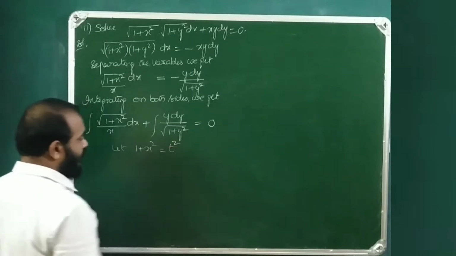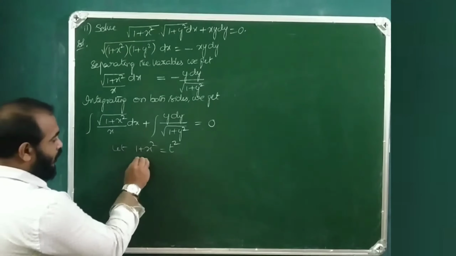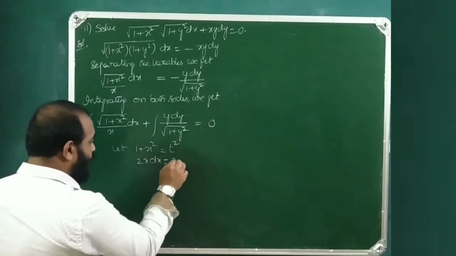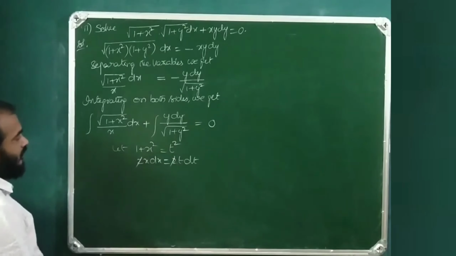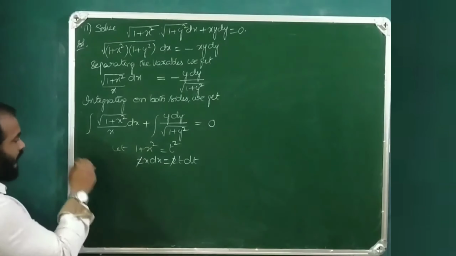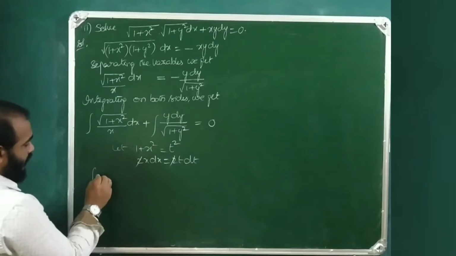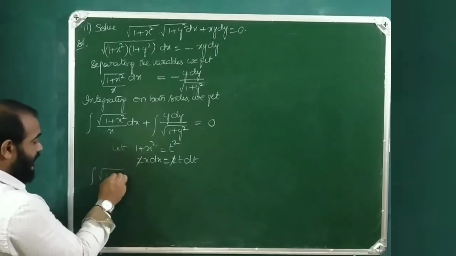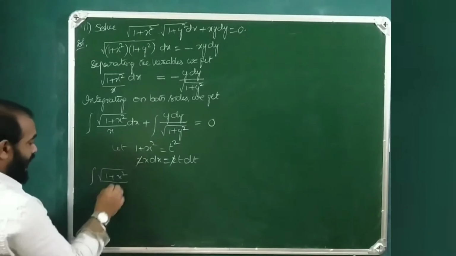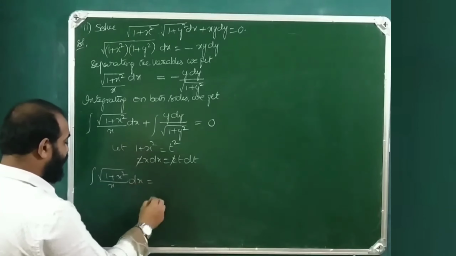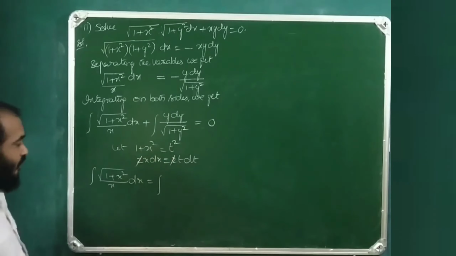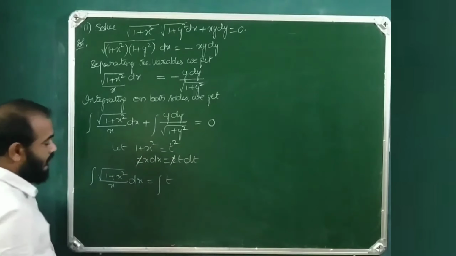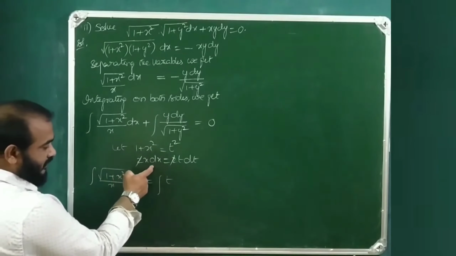t². Now, differentiating, 2x dx equals 2t dt, so 2 gets cancelled. So the integral of √(1+x²) by x dx equals the integral of √(t²), which is t, dx.